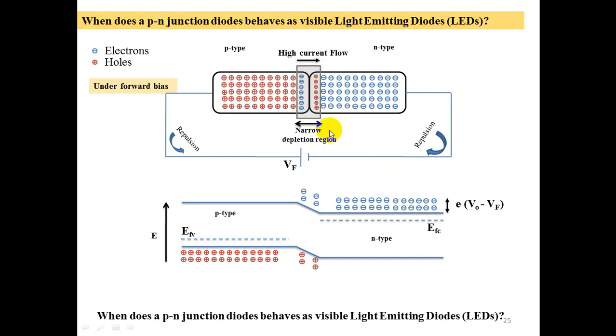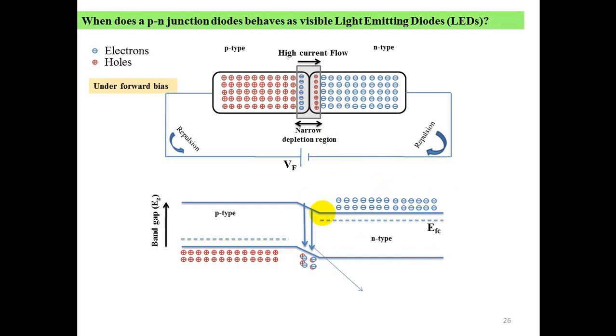When these electrons and holes recombine with each other, they emit some energy in the form of light based upon the relation E is equal to h nu. So when electrons recombine with the holes, they emit energy in the form of light, which we see as light emitting diodes.